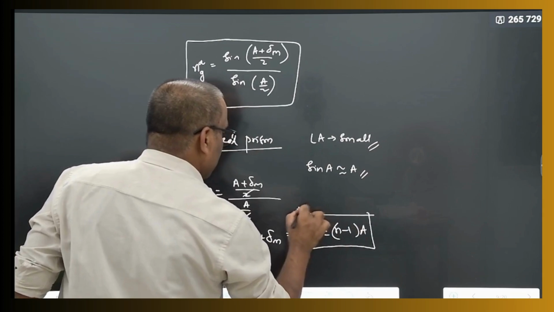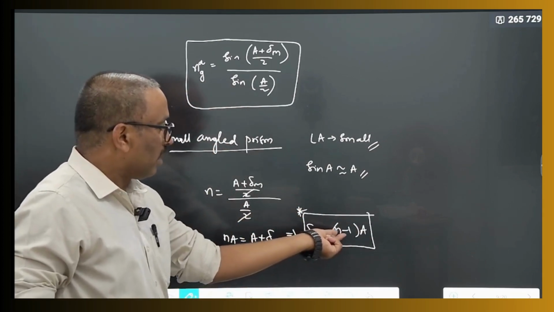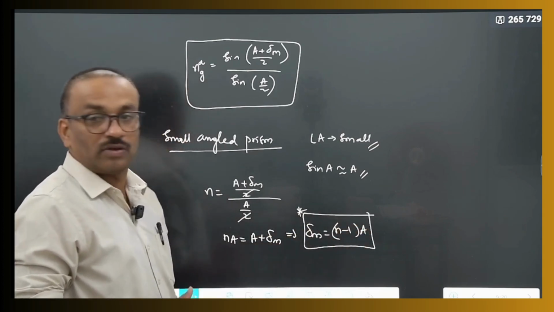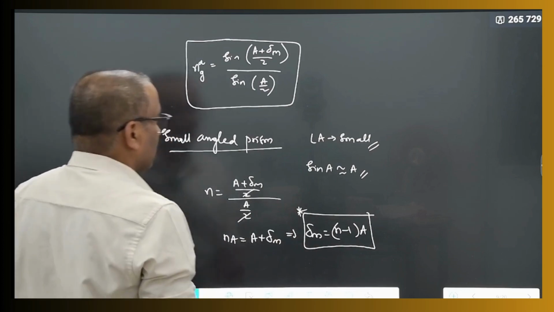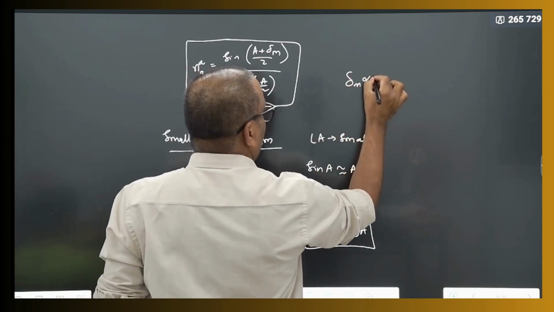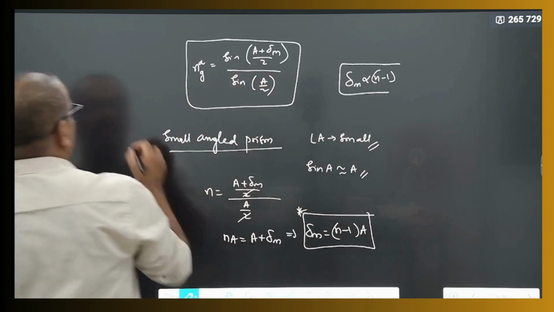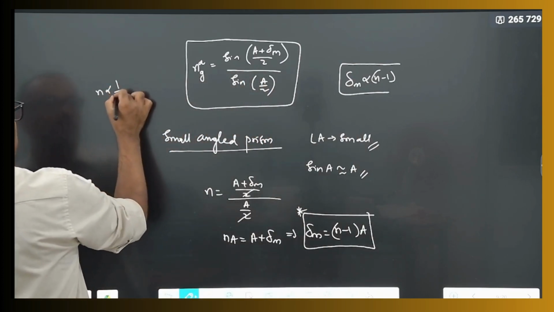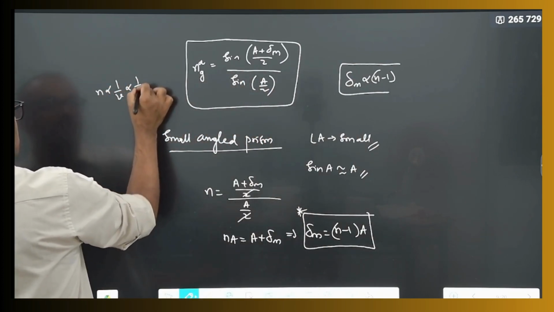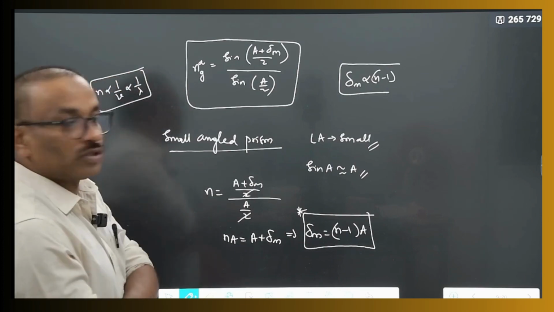That means the angle of deviation is directly proportional to the small angle of the prism, and also directly proportional to the refractive index. That means the minimum deviation is directly proportional to the refractive index. You know that the refractive index is inversely proportional to the velocity and inversely proportional to the wavelength. Clear?